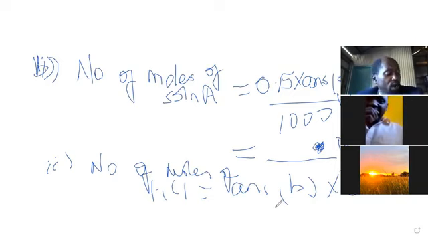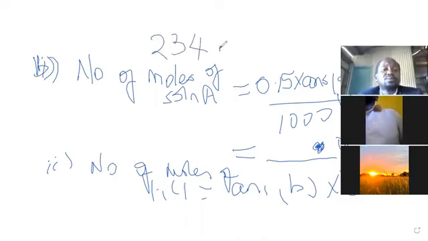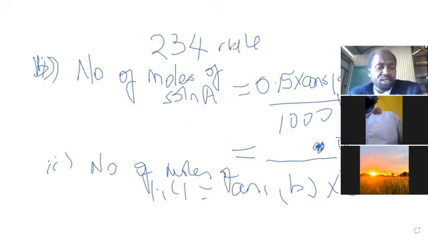At this point, before I wind on the titration, I want to mention about rounding off of values. And I'll simply sum it up by calling it the 234 rule, which is talking about decimal places.